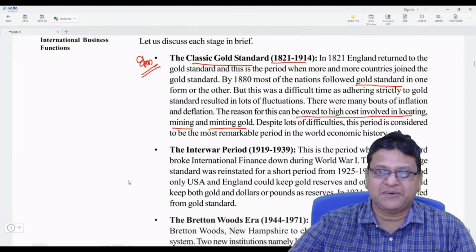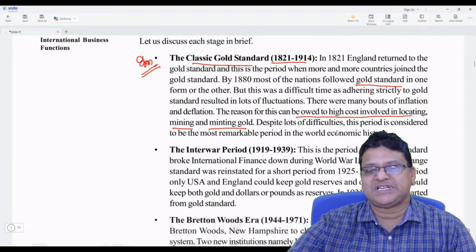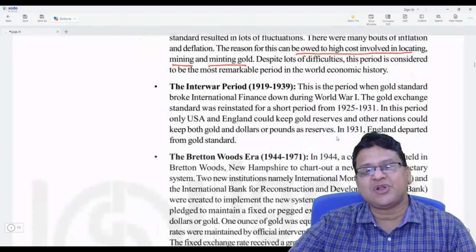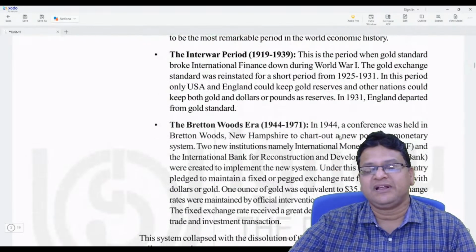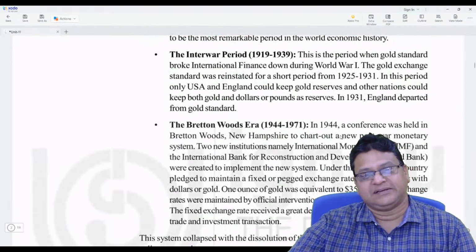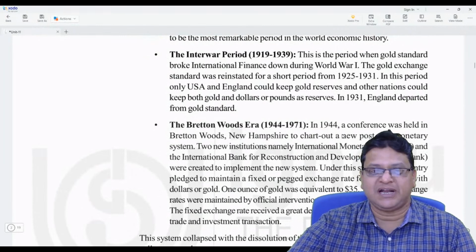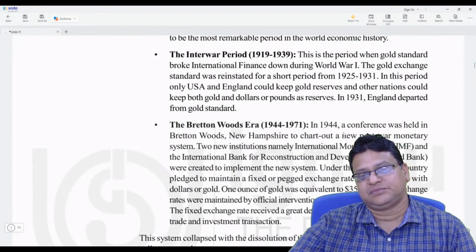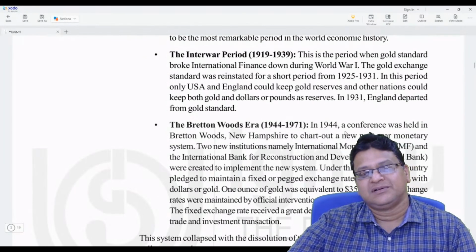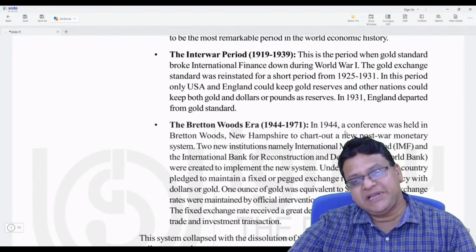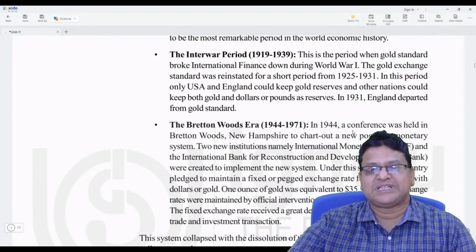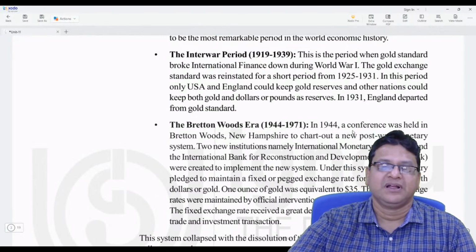Next, this particular gold standard was hampered during the interwar period. During World War I, this gold standard broke, because during that period international trade diminished. No country was trusting anyone.